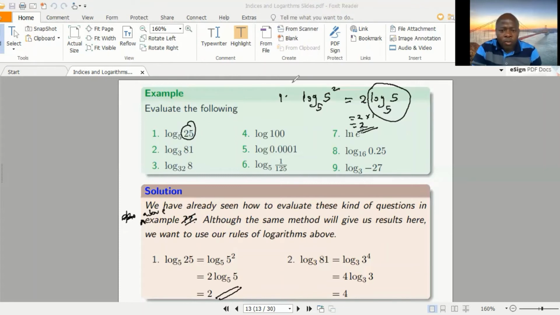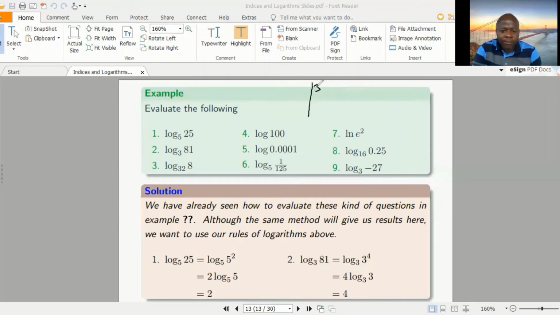What about question 2? I want to do it again. 81, I write 81 divided by 3. So 3 goes into 81: 27, 3 here, 9, 3 here, 3, 3 here, 1. So 81 in fact is the same as 3 raised to 4.